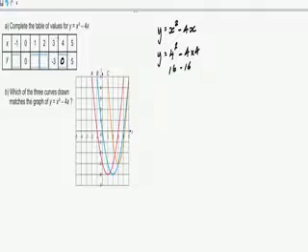So y equals 2 squared minus 4 lots of 2. 2 squared is 4, minus 4 twos are 8.